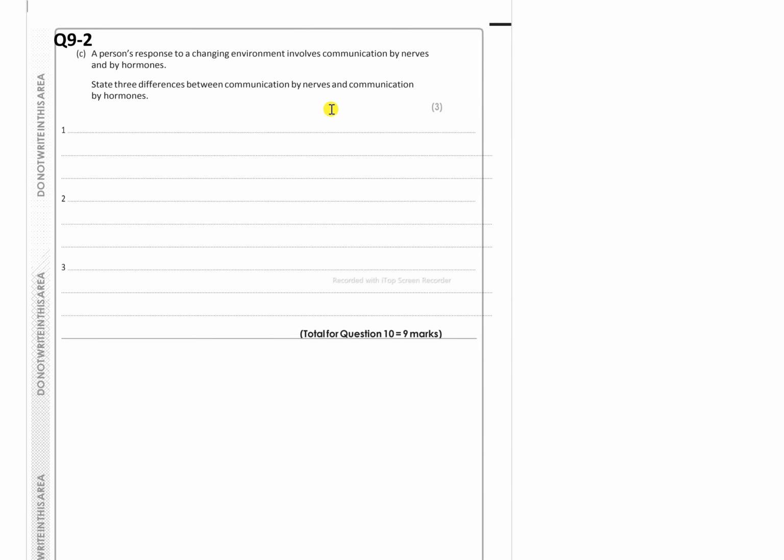Let's keep going. A person's response to a changing environment involves communication by nerves. Right, okay, so remember what we said? Nerves use electrical impulses. Hormones use chemicals.